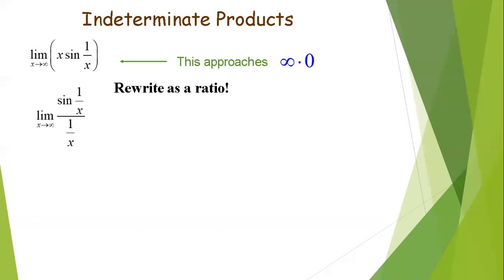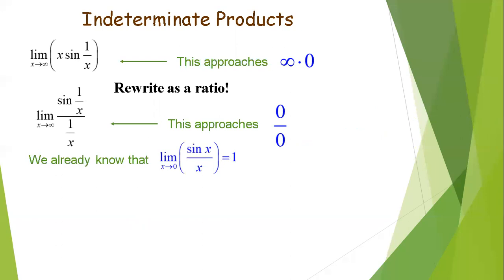We get the limit as x approaches infinity of sin(1 over x) over 1 over x. This also approaches 0 over 0. We already know that the limit as x approaches 0 of sin x over x is 1.